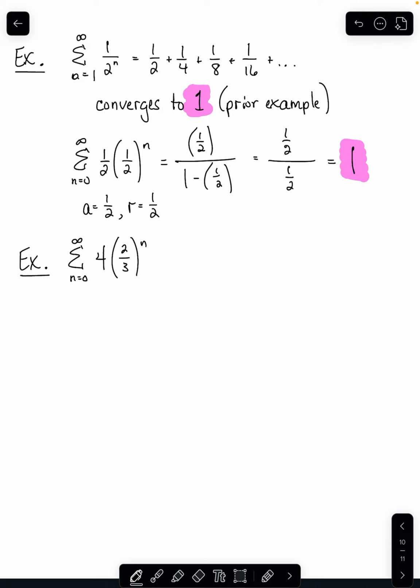Now, according to the geometric series, this should be equal to, because r is 2/3 and that is less than 1, this should converge to a, which is 4, over 1 minus r. 1 minus 2/3 is 1/3.